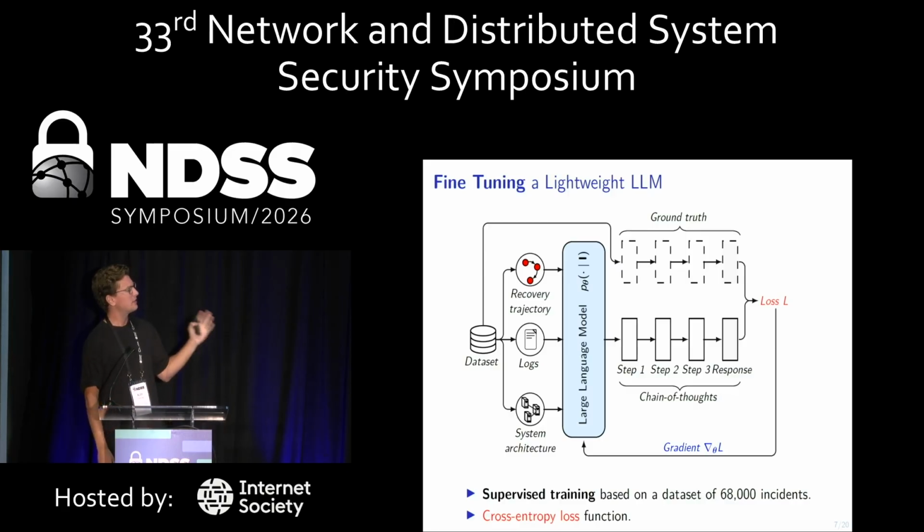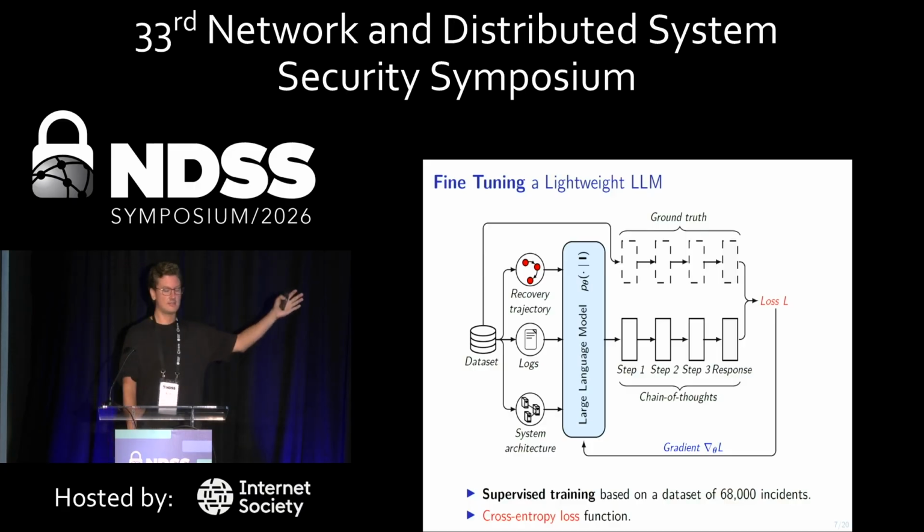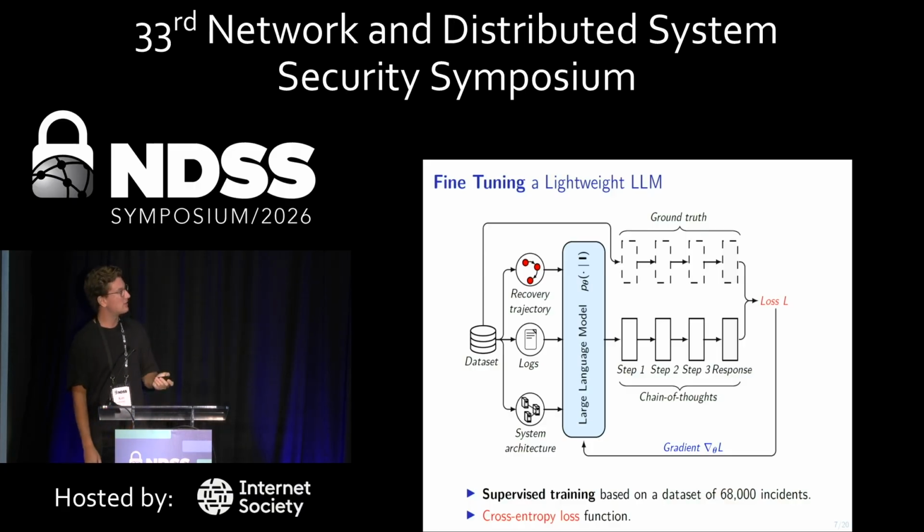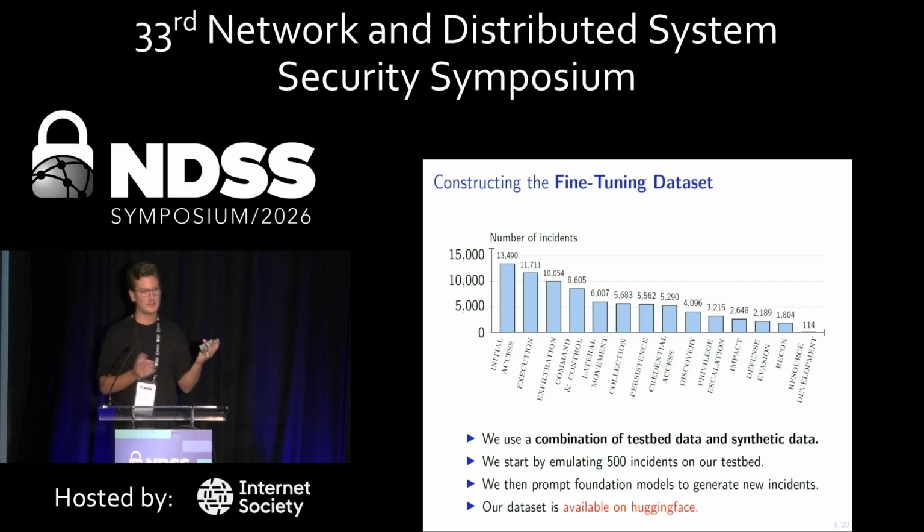And really the main challenge here to do this in practice is to obtain the data set, to obtain a representative data set for incident response. So we have spent a lot of time in assembling such a data set that consists of 68,000 incidents that covers a broad range of different types of systems and different types of attacker tactics.